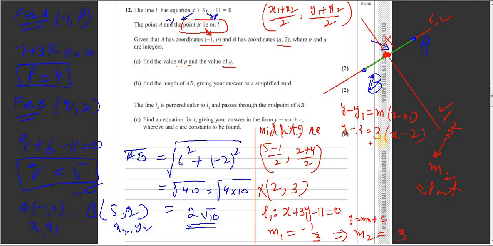Now you can do your algebra simplification step, and rewrite the equation in y equals mx plus c form. If you multiply and simplify, you have y is equal to 3x minus 6 plus 3. So y equals 3x minus 3. This is the equation of L2.